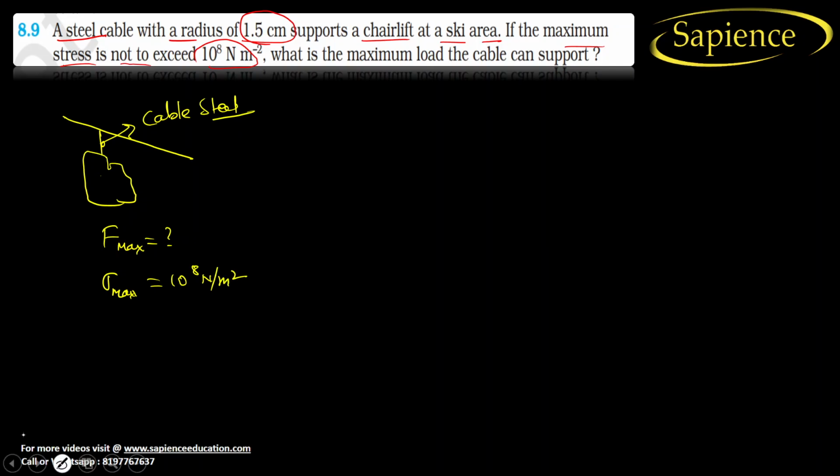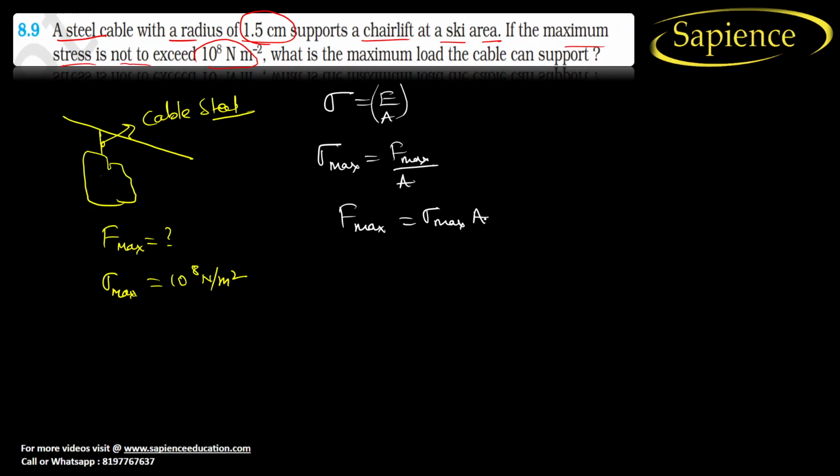Now we need to know how to find the maximum load. So we know that sigma is equal to force by area of the cross section of the cable. So sigma max is equal to force max by the area. The area is not going to change. So maximum force is equal to maximum stress into area.